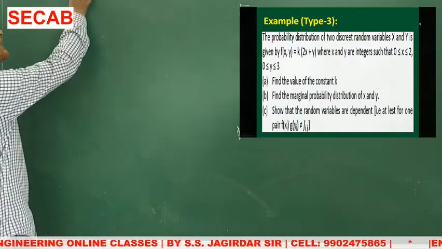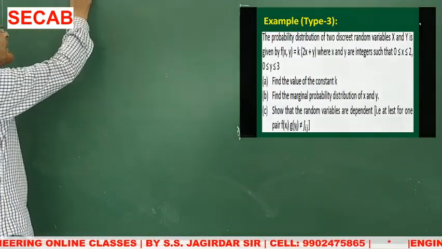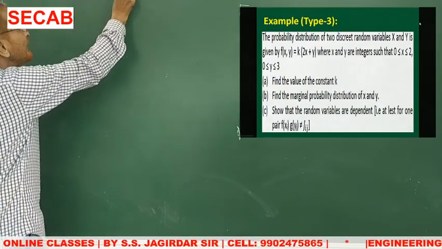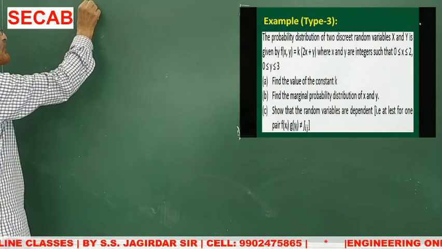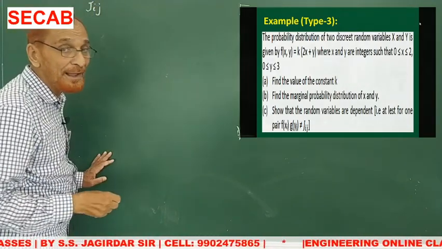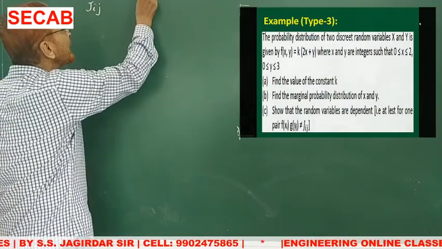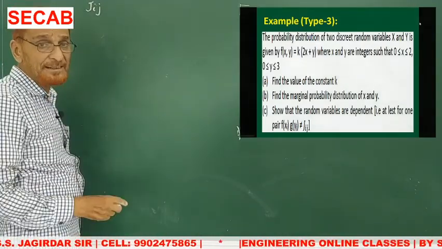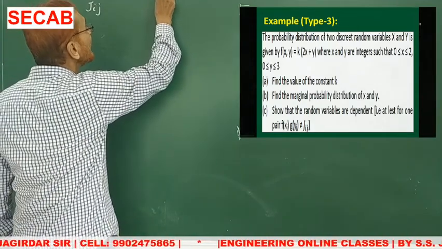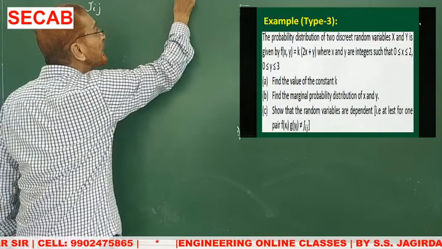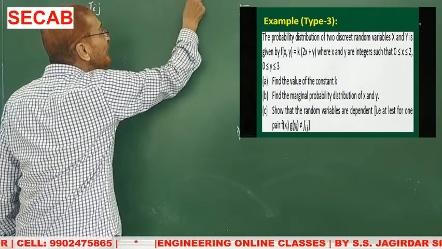The function given is f(x,y). Whenever I write x comma y, it means Jij. This is another symbol. f(x,y) is equal to k into 2x plus y, where small x is the value of random variable x, and small y is the value of random variable y.